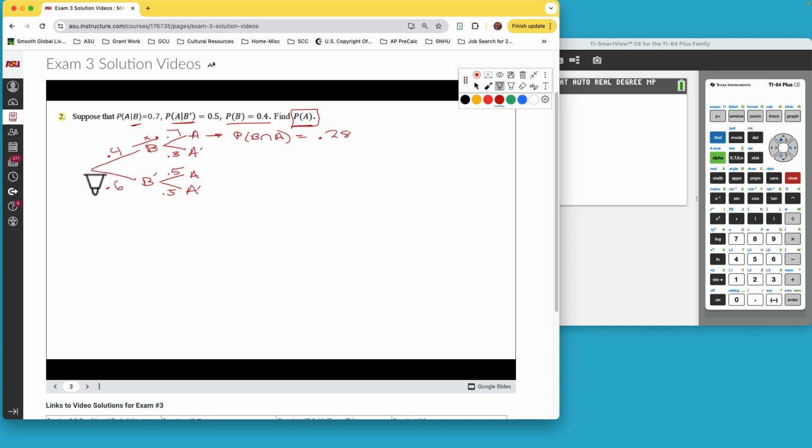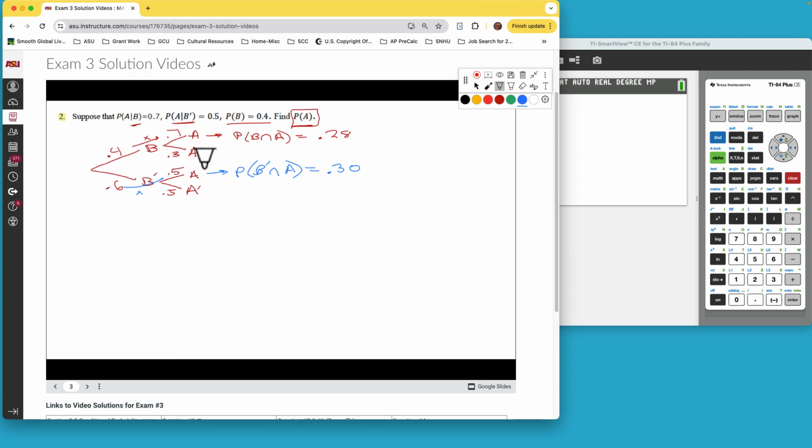Again we use the multiplication principle, but this time we take 0.6 times 0.5, because this is the pathway we want. That gives us the probability of not B intersect A, and 6 times 5 is 30, so 0.30.